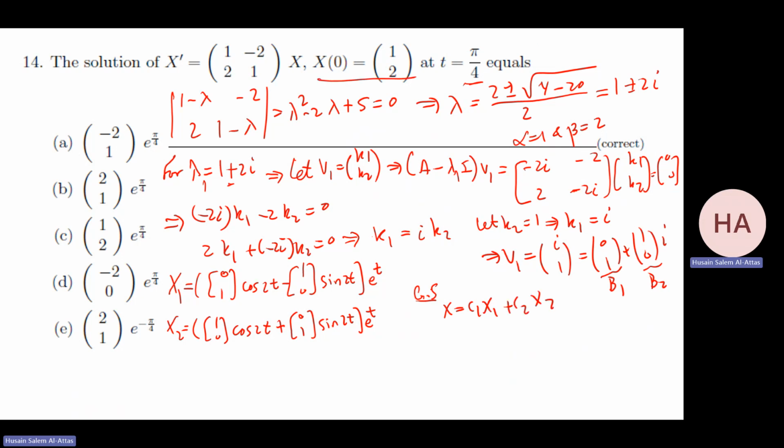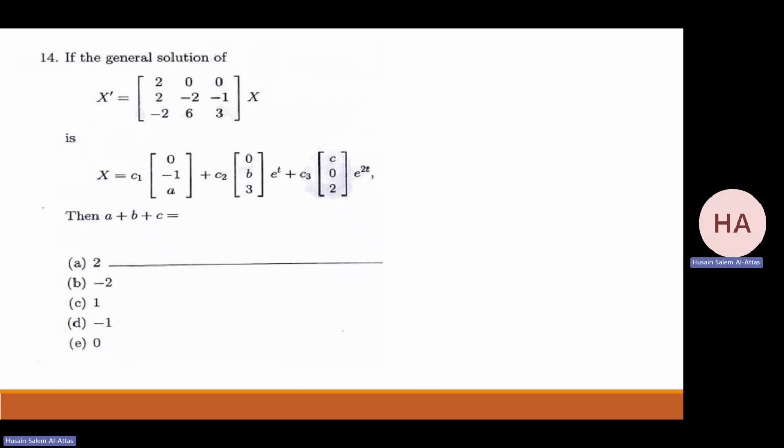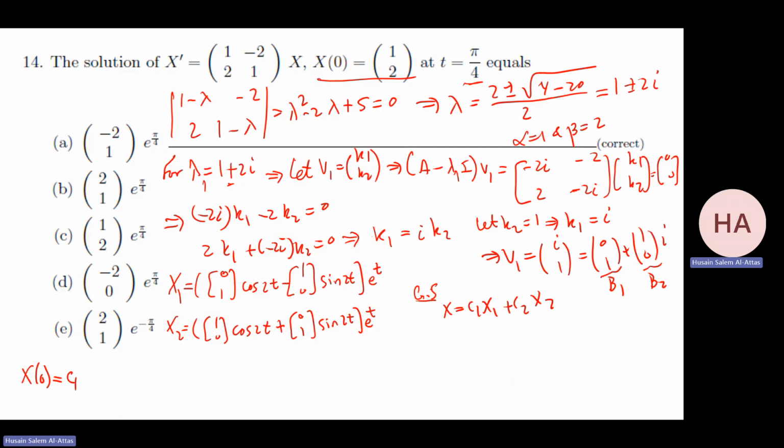Now we need the initial condition. I have x at 0 will be what? C1 times x1 at 0. Cosine 0 is 1, so that will be 0, 1. Sine 0 is 0. E to the power 0 is 1. Plus C2.